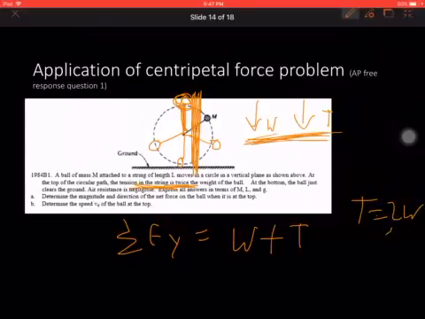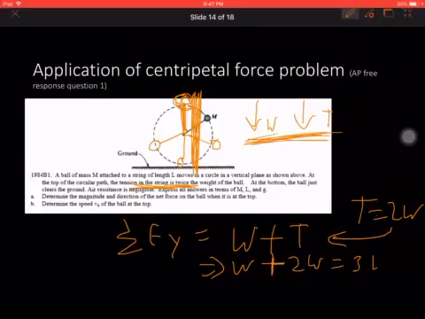Replacing T with 2W, we get W plus 2W, which is 3W.